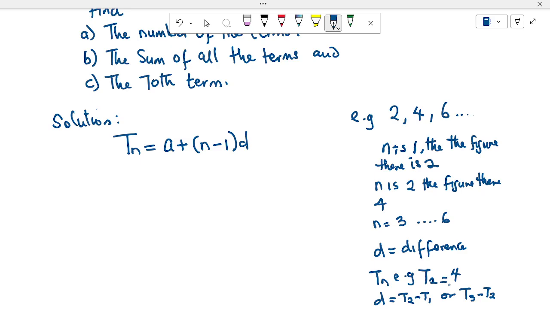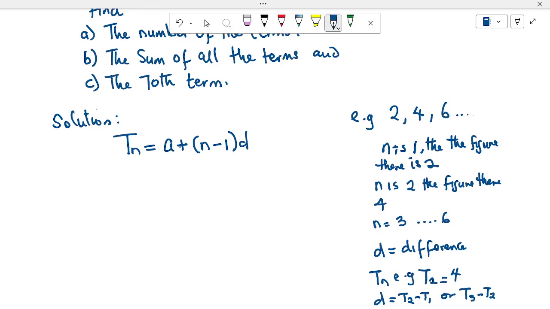So explaining the terms of this equation. Tn is the number in the particular position you are looking at. Take for instance, in this example I gave, T3. Who can tell me what T3 is? T3 in that example is 6. A is 2.